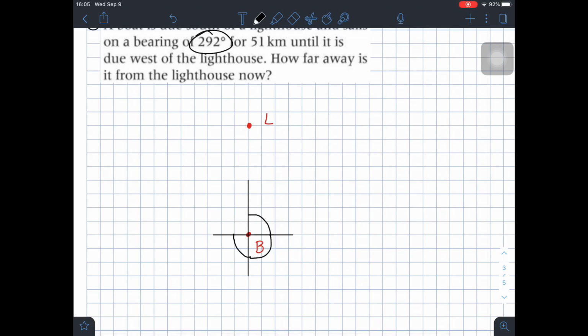So we need to go a little bit more, so maybe somewhere around there would be 292 degrees. So all of this angle marked here is 292 degrees.